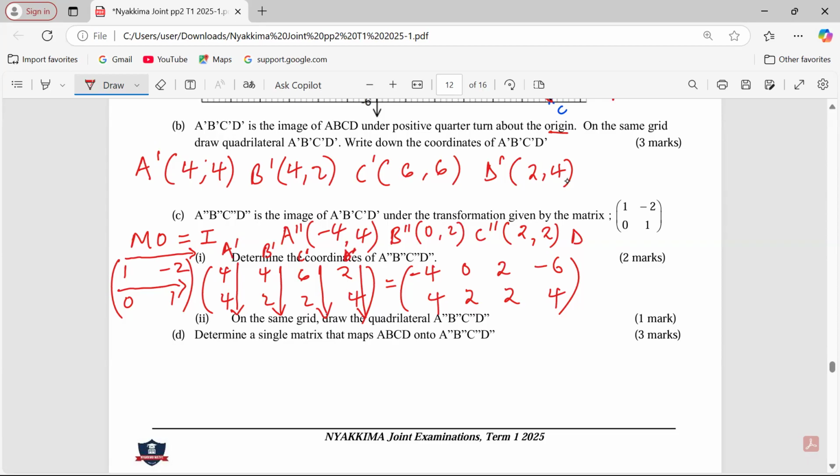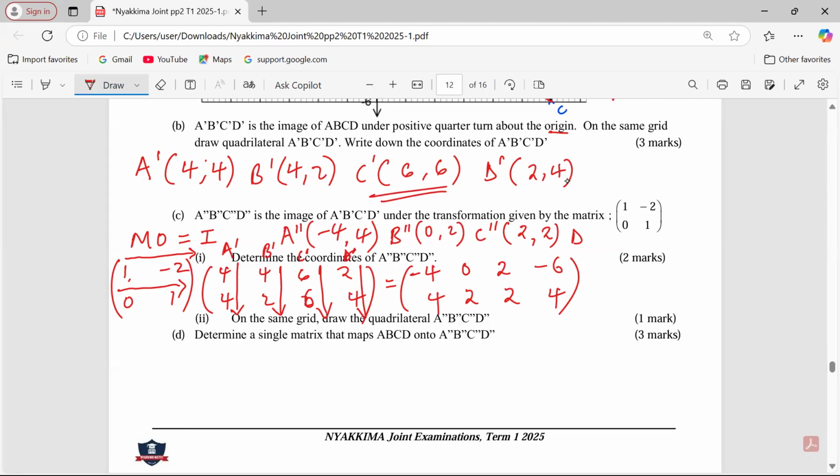So this was supposed to be 6, 6, according to the coordinate here. So with 6, 6 now, we are talking of 1 by 6 and negative 2 by 6.